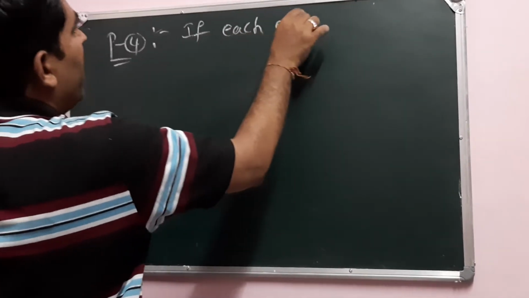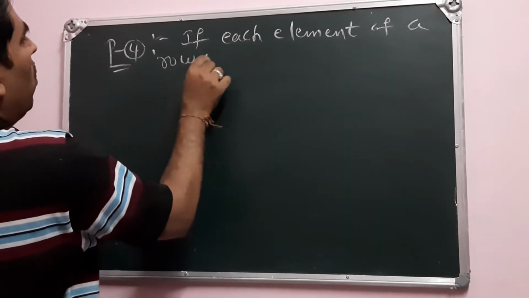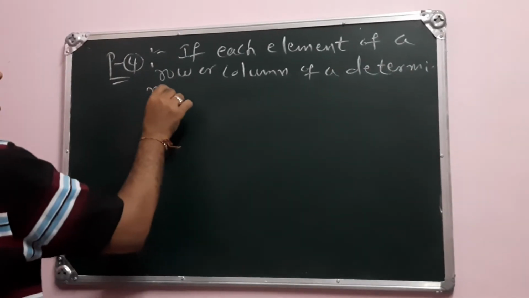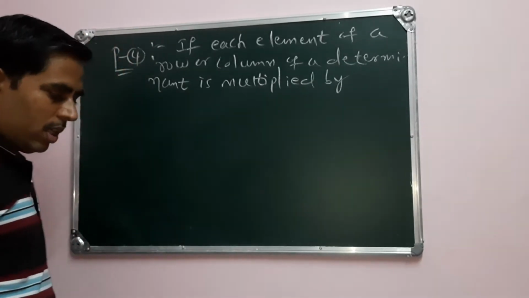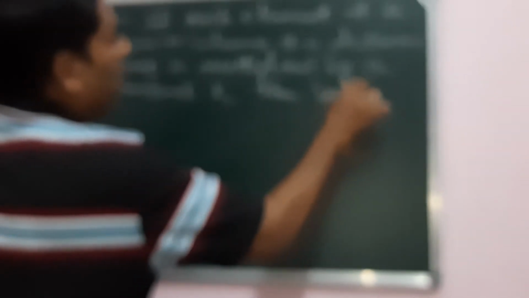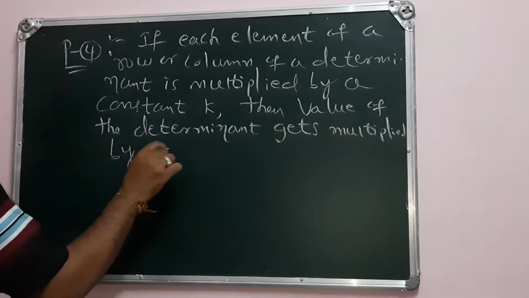If each element of a row or column of a determinant is multiplied by a constant k, then value of the determinant gets multiplied by k.